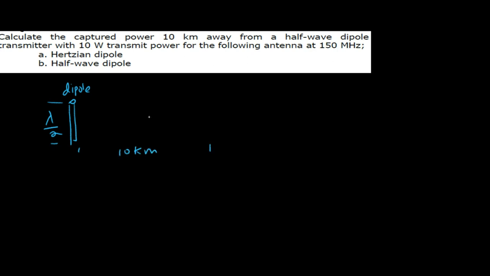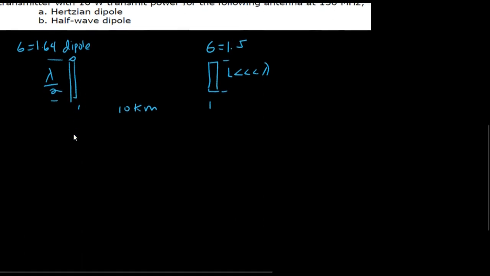Yung receiving antenna natin is a Hertzian dipole, which is yung length niya is less than a wavelength. Okay? Yung gain ng dipole natin is 1.64 and yung gain ng Hertzian dipole is 1.5. So, kunin natin yung captured power ni Hertzian dipole.